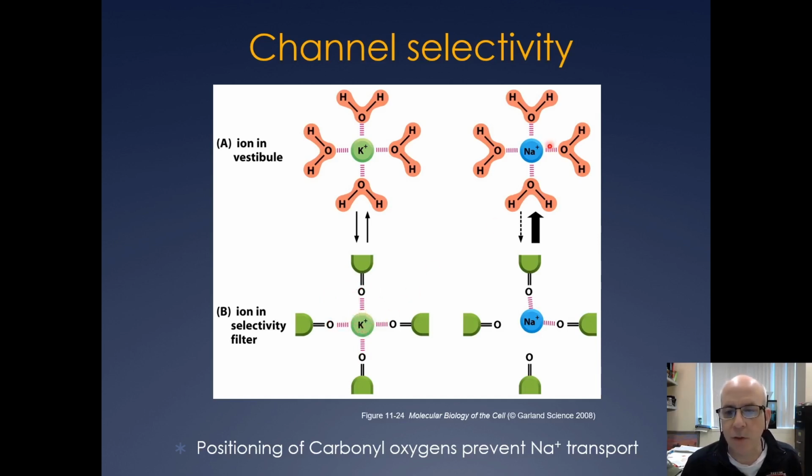In the case of sodium, even though it's smaller and you think it could readily pass through, it doesn't, because in the vestibule the sodium is also bound by water. When it enters the selectivity filter, it can't make attachments to all of the carbonyl oxygens, and therefore it can't pass, and it gets stuck here. So only the potassium can go through.